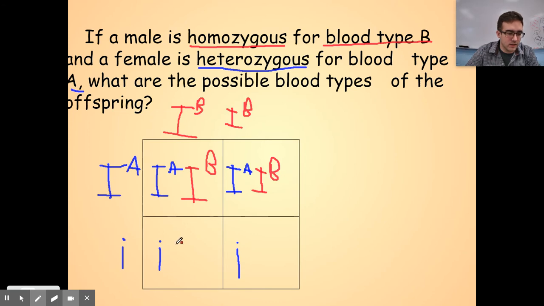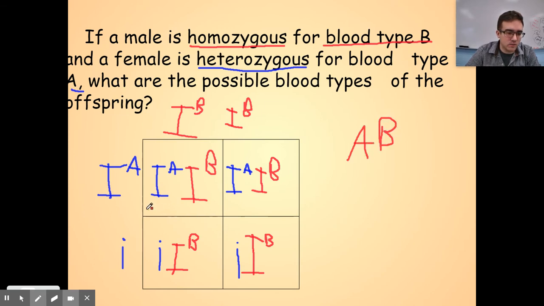By filling this in, what we see is that there's two different blood types possible. Since A and B are co-dominant to each other, if there's A and B, we can have blood type AB.